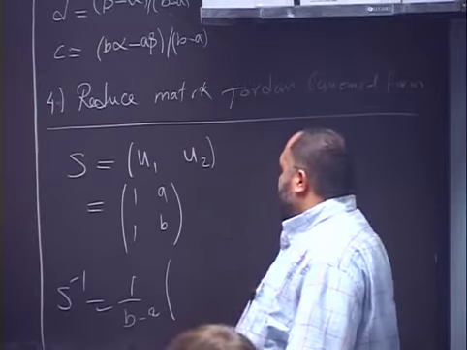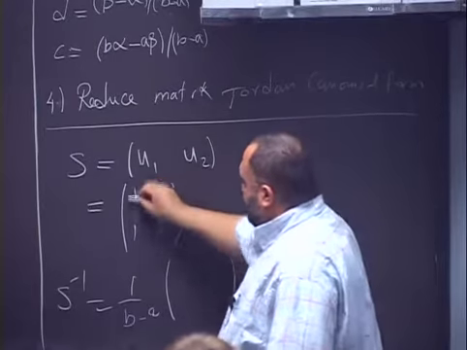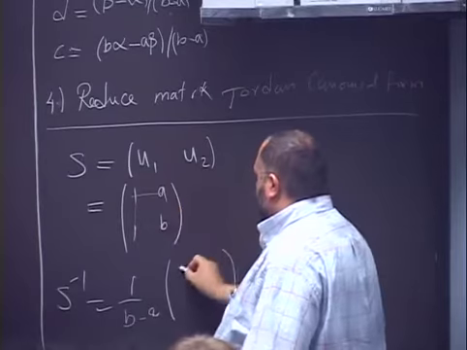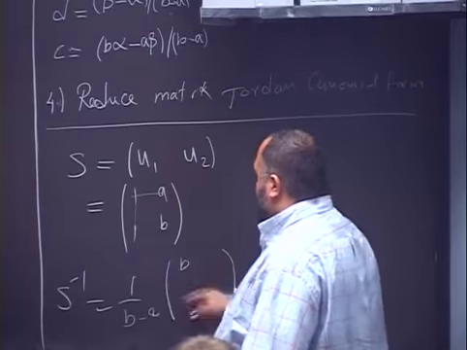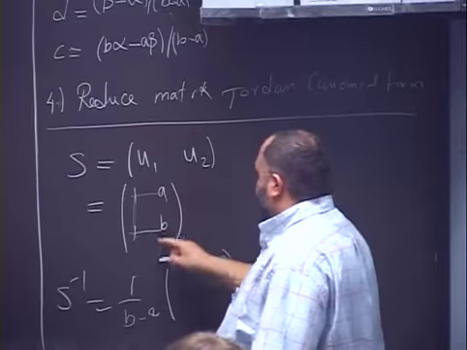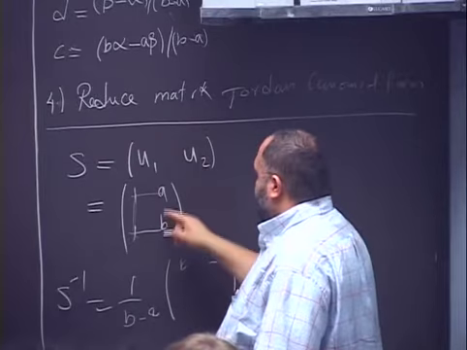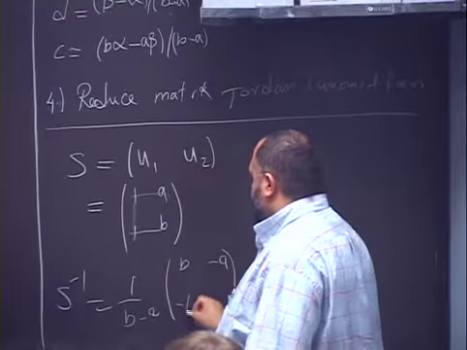B minus A. And the cofactors will be what? We'll take this, so this will be B. And then we'll take the other one, 1. The other one will be minus A. And this one will be minus 1.